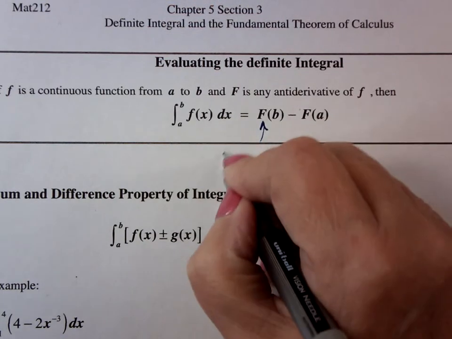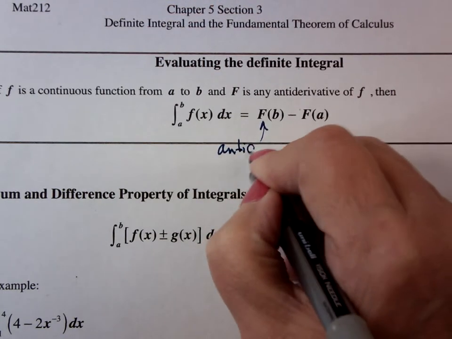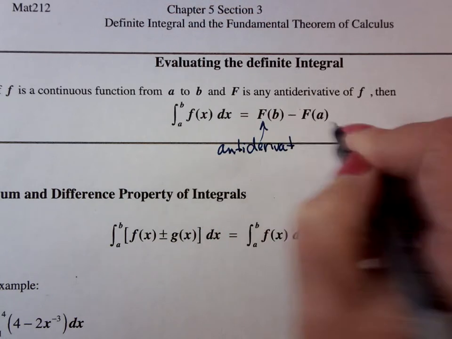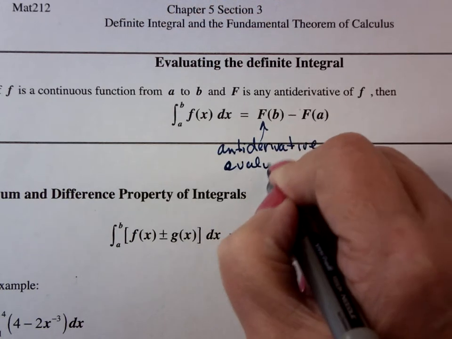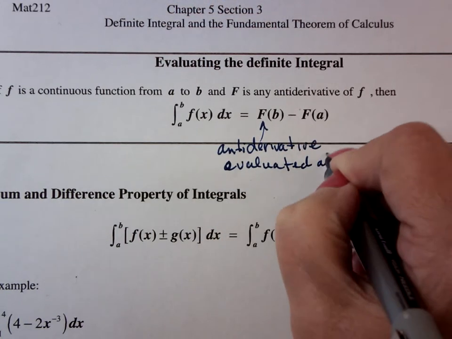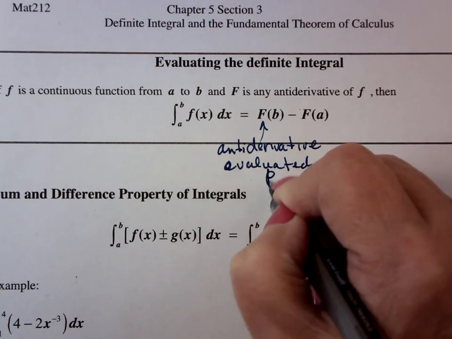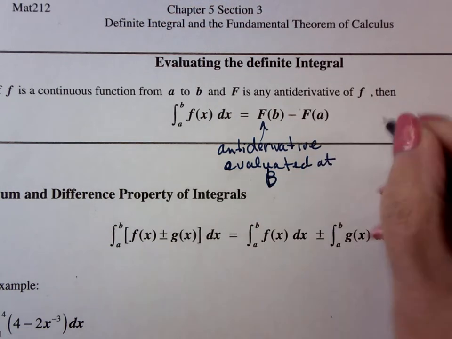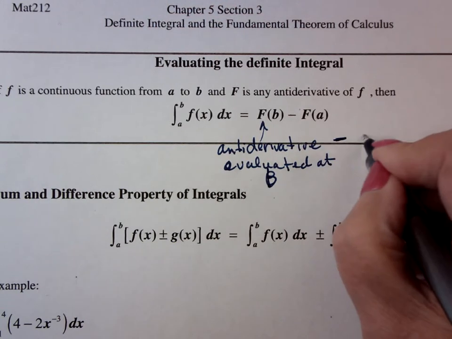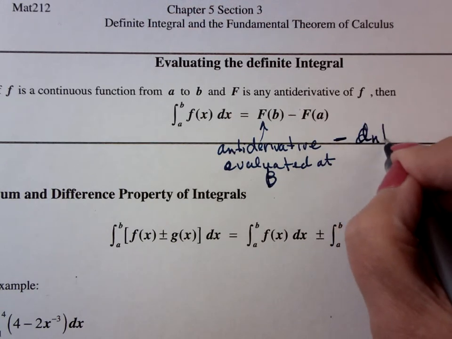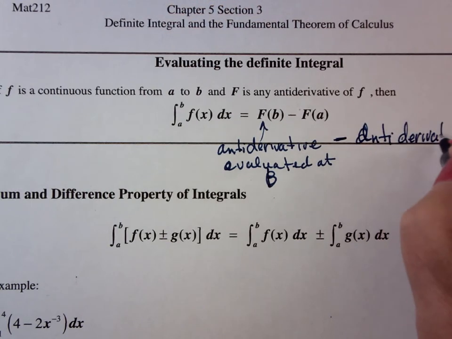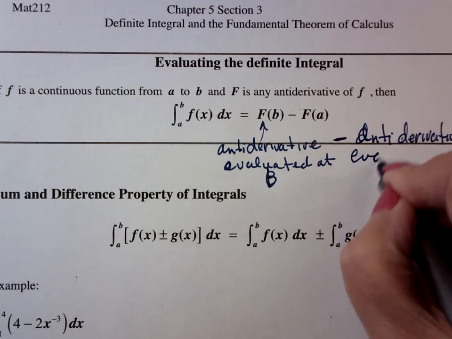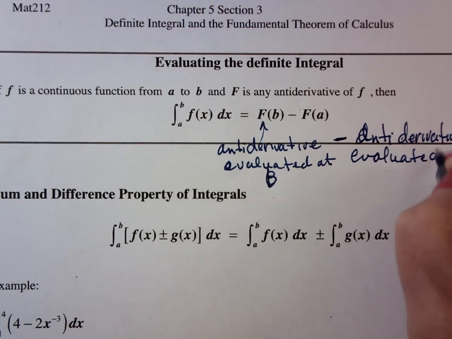So this is the antiderivative evaluated at b. And then you're going to subtract the same thing, the antiderivative evaluated at a.